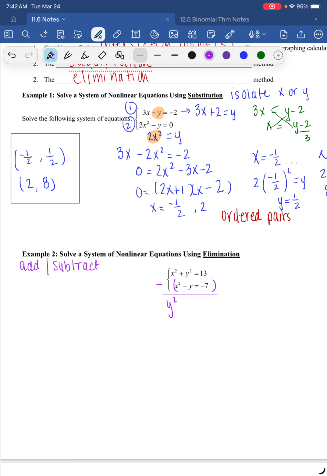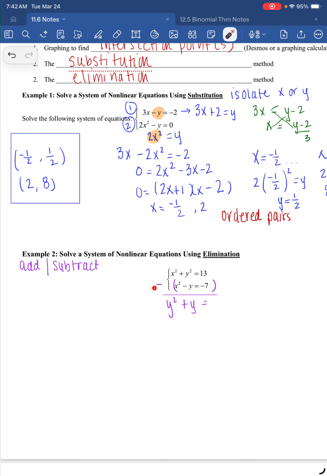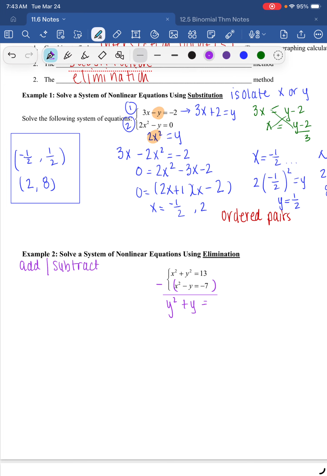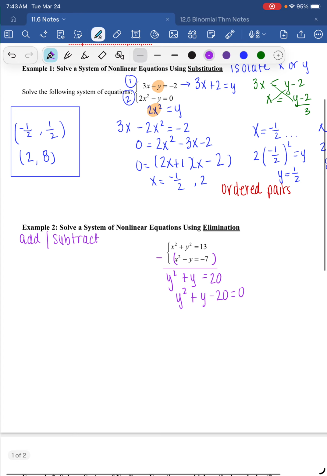Be careful, that becomes plus y. And when you do 13 minus negative 7, negative becomes positive. So this is now 13 plus 7, which is 20. And it has been a long time since I've told you this, but your factoring life never goes away. It's a quadratic, set it equal to 0, factor and solve.